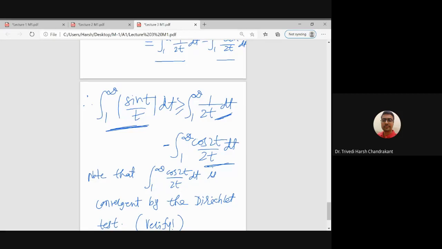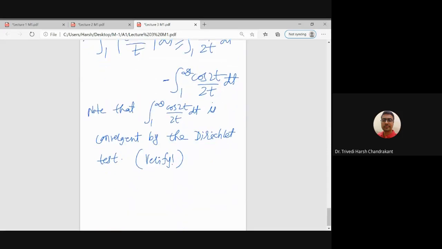Because if we add this integral with this one, and if this is convergent, then the sum of two convergent integrals is convergent, and that will enforce this integral to be convergent, but that integral we know is divergent. So it is kind of a contradiction method. You can show that.